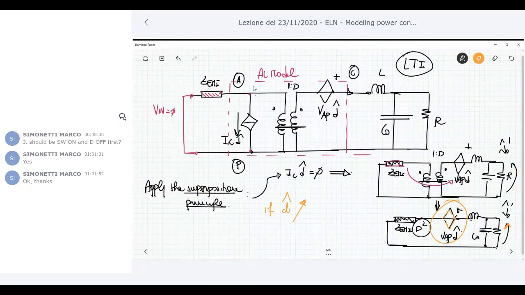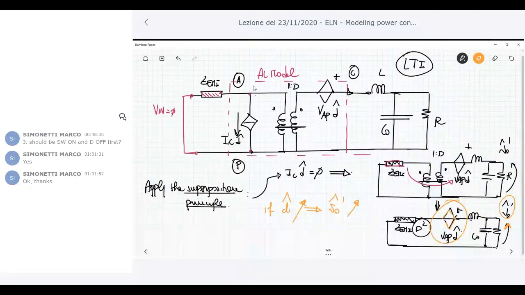But if this source is increasing, it means that also V naught prime is increasing, of course, because this is the series circuit in which you have to derive just V naught. So it's quite a voltage partition. So if the source is increasing, the partition also increases.